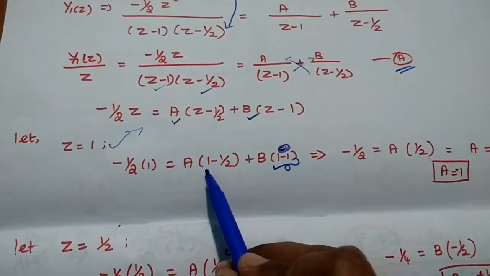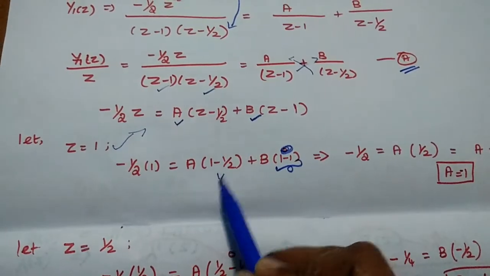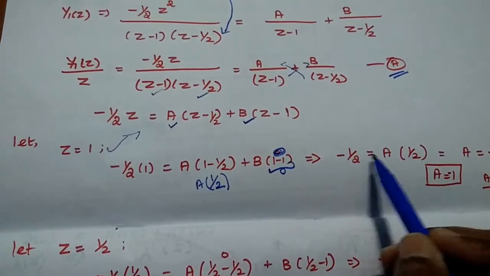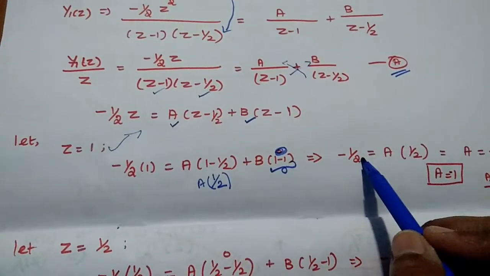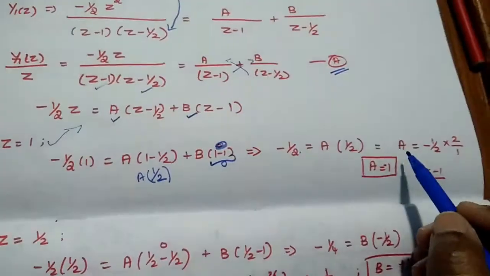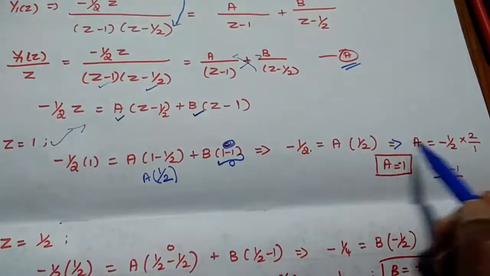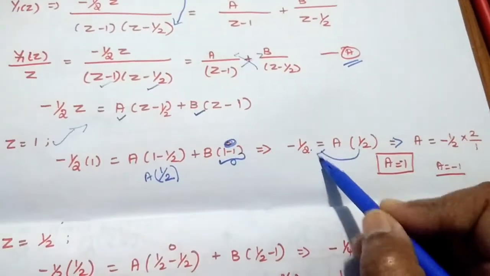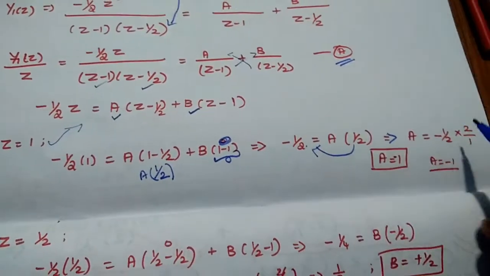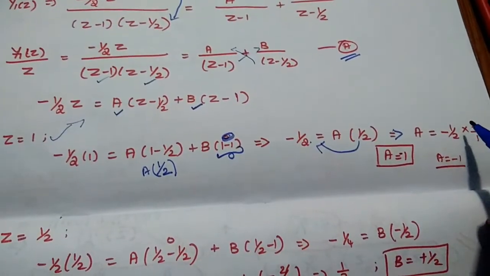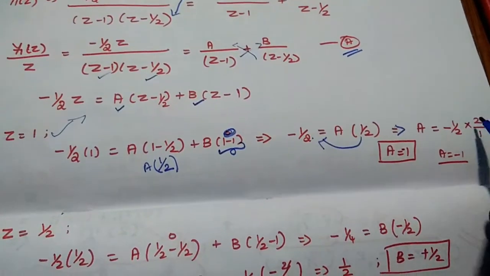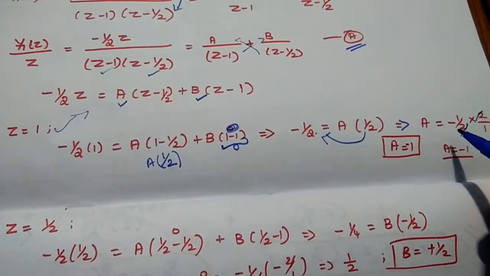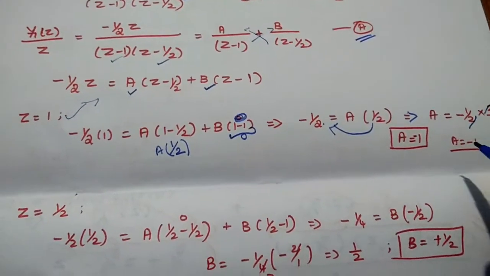From this, 1 minus 1 by 2 is nothing but plus 1 by 2. So a into plus 1 by 2 is equal to minus 1 by 2. We can obtain a is equal to minus 1 by 2, and this 1 by 2 goes to the other side in the reciprocal form. So minus 1 by 2 into 2 by 1. Here we can cancel the 2 and 2, and we get a is equal to minus 1.